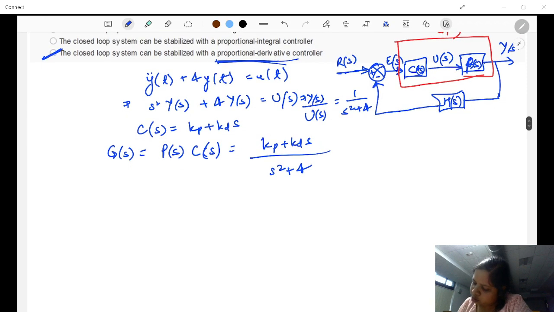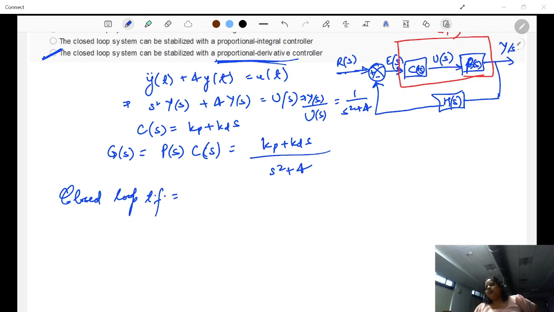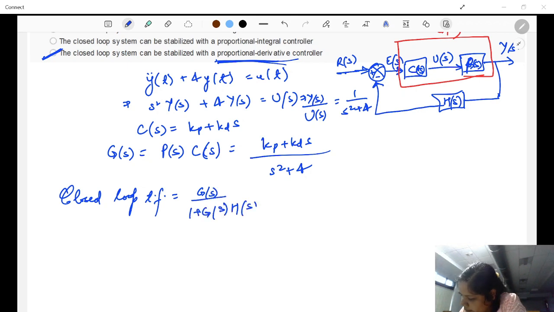So what is your closed loop transfer function? How do you write the closed loop transfer function? What is the formula that was derived in terms of GS, HS? If you remember from your lectures, it is GS upon 1 plus GS into HS.